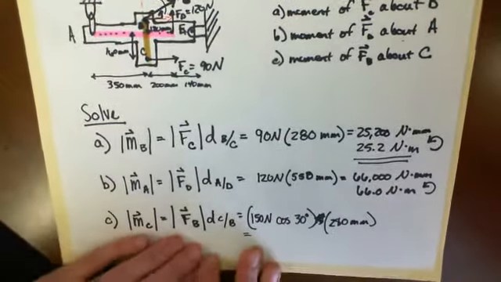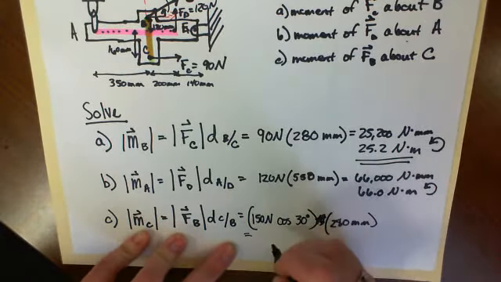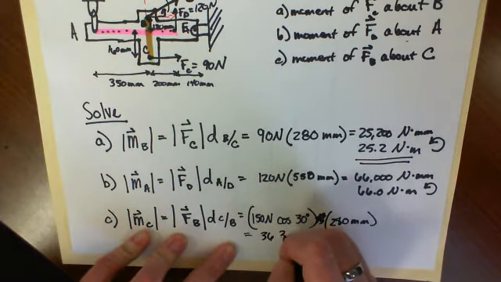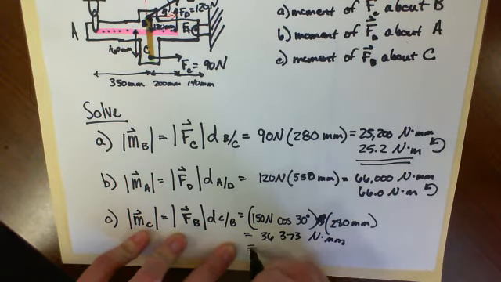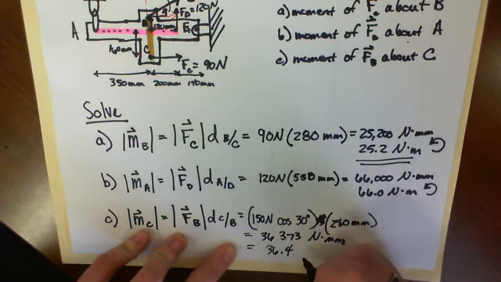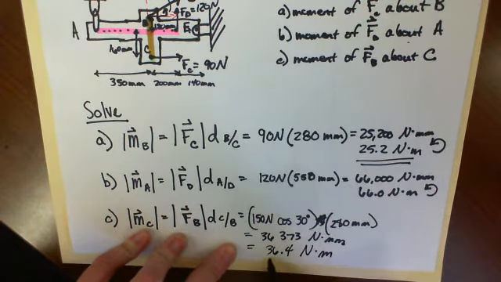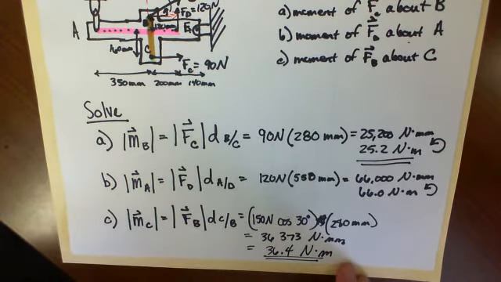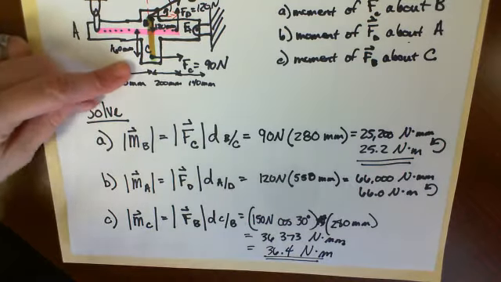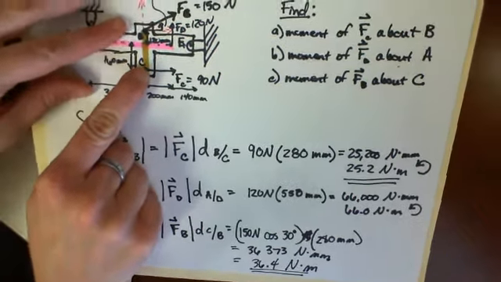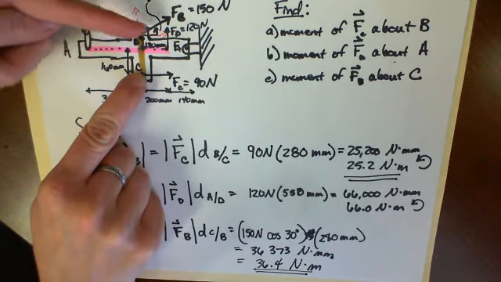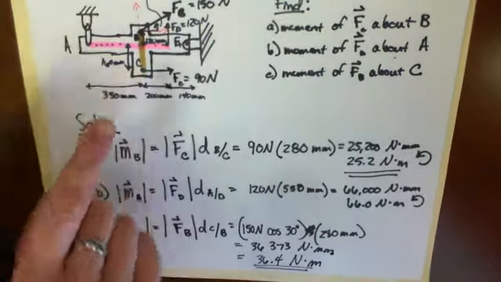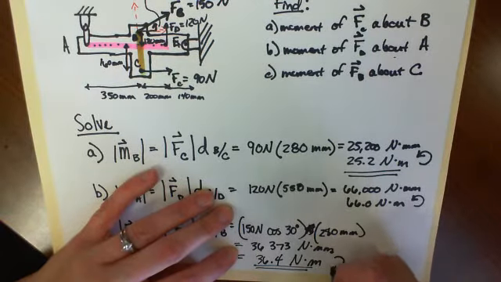So that is equal to 36,373 Newton millimeters, and converting that we get 36.4 Newton meters. And then to figure out what direction that is, we put our finger at C and apply the load. Looking at that perpendicular, we would apply the load, so it's going to make the member spin in the clockwise direction.